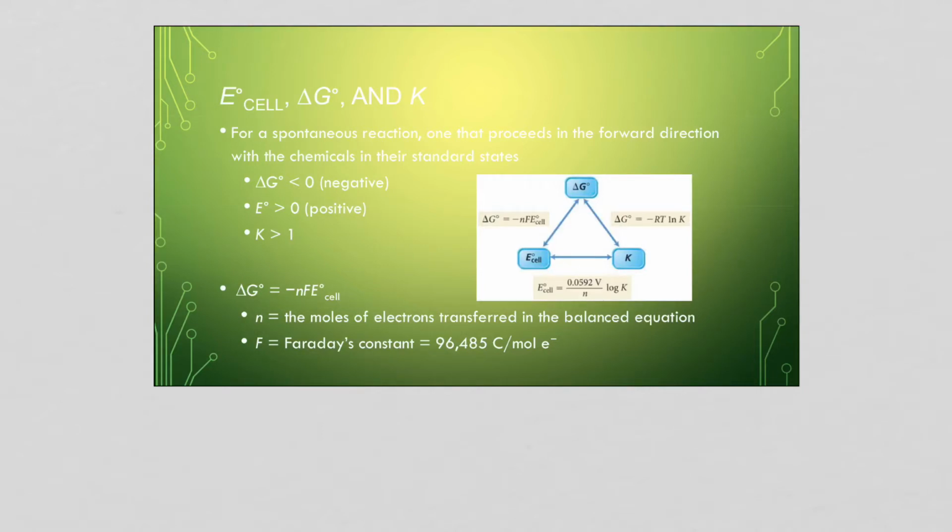We have delta G, which determines the spontaneity, and we have cell potential and equilibrium constant, whose values can tell us about the spontaneity of a process.